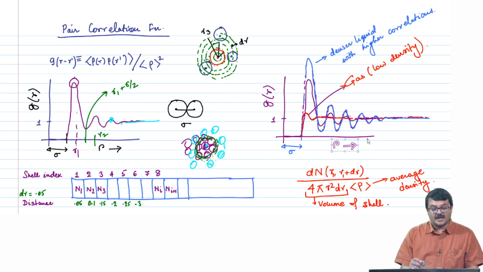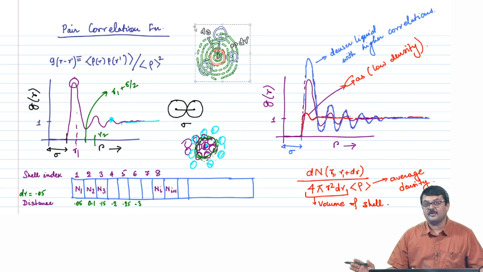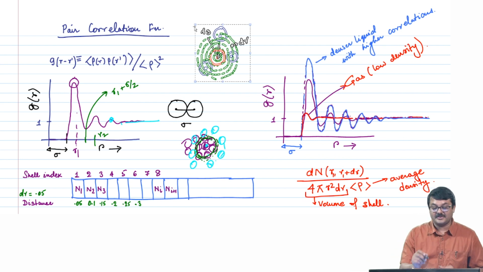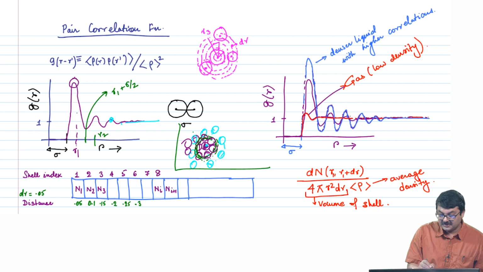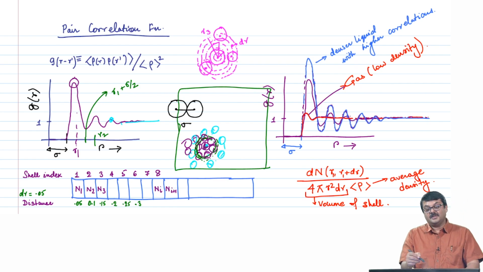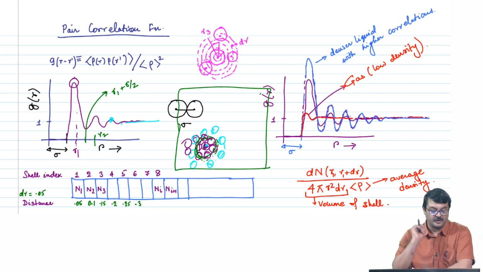So, when you draw a concentric shell and calculate how many particles are there around it, remember that as the shell grows bigger and bigger, you have to account for particles which are on the other side of the box, right. Suppose this is your simulation box, and this particle is sitting here, then definitely it could be close to some particle on the other side. So, you have to be careful of that.